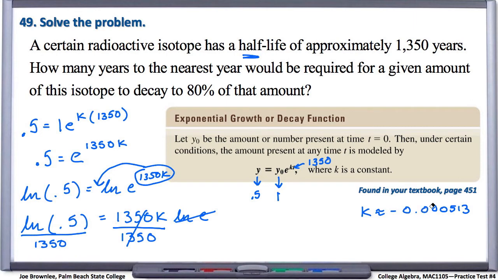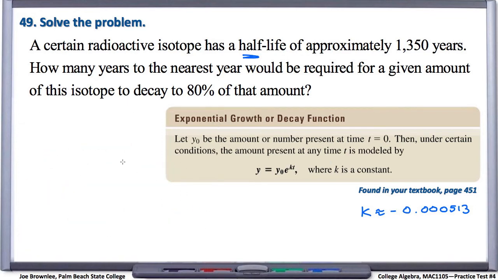Now that we've solved for k, we can take this k value, plug it back into our equation with some other information, and find out how many years it will take for this isotope to decay to 80%. Again, let's pretend we're starting with a single milligram.